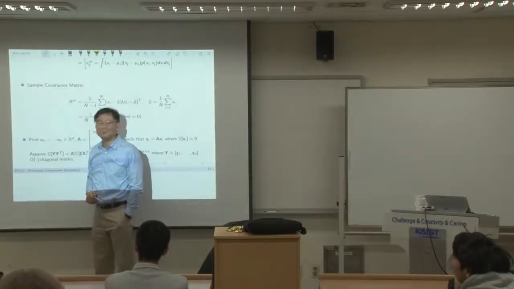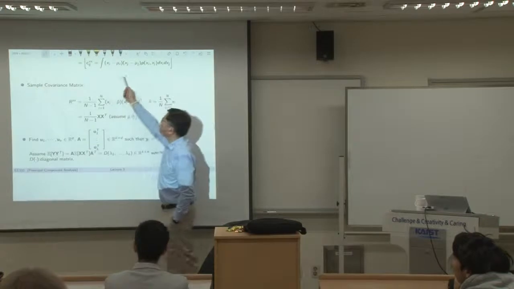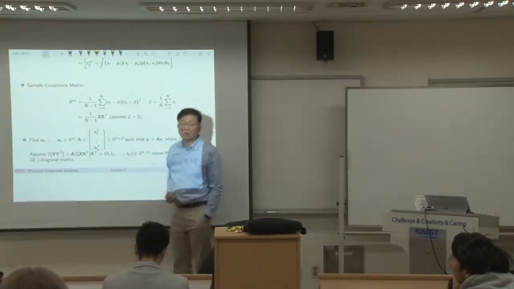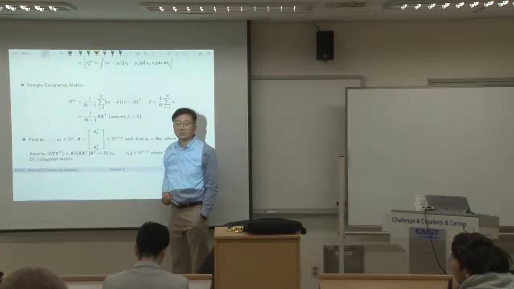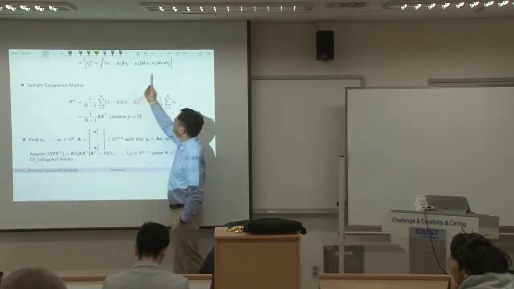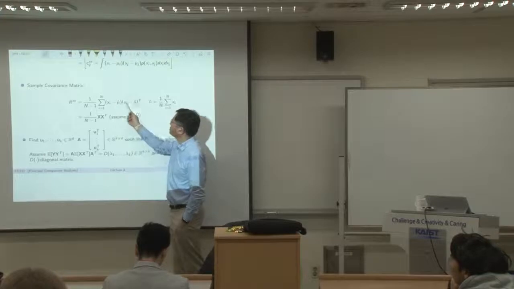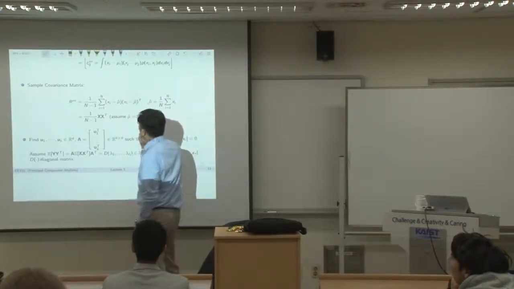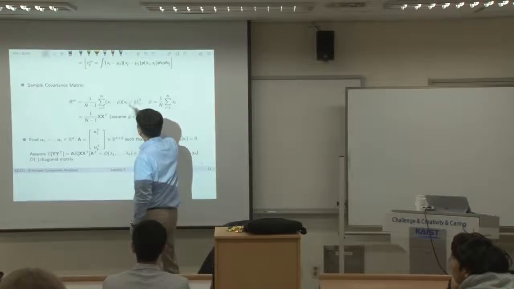From the data, I can make an estimation. This is the sample covariance. You subtract out the mean of the ith data, and this should be j.